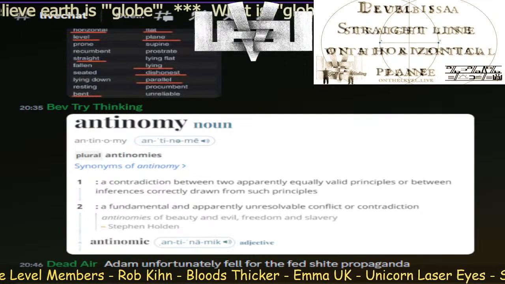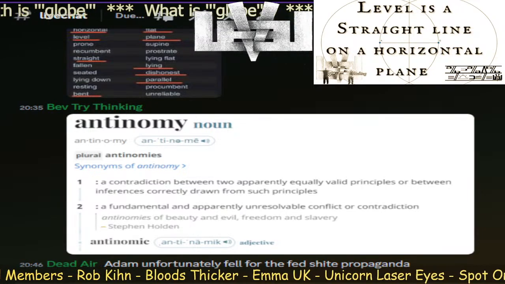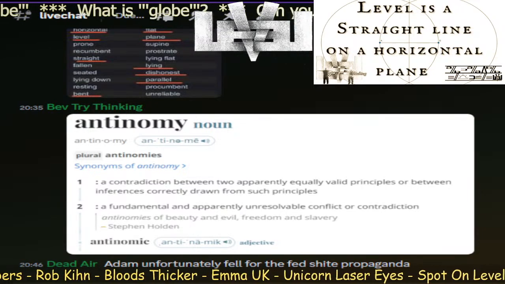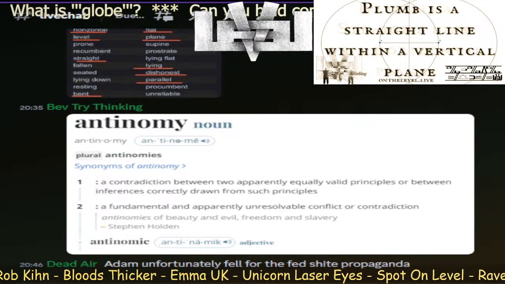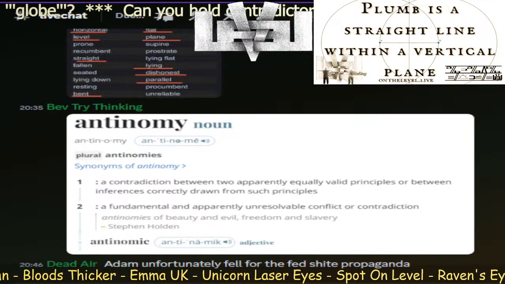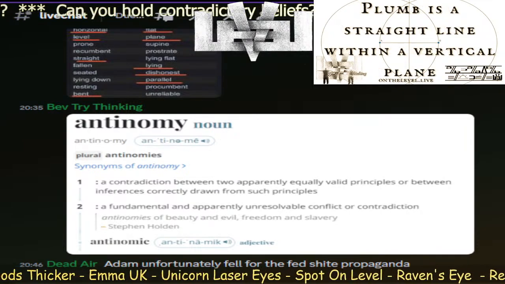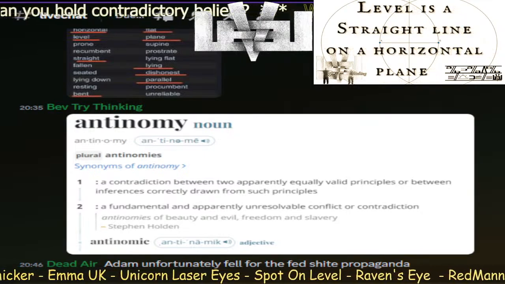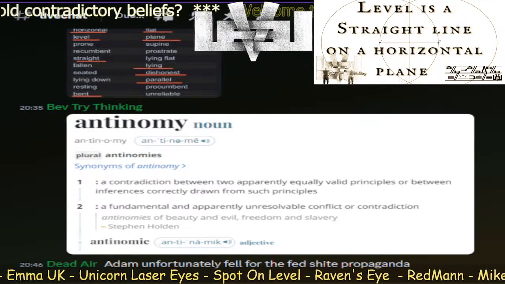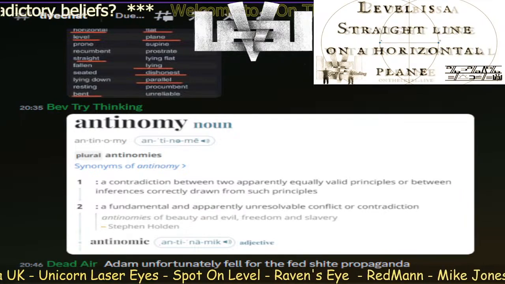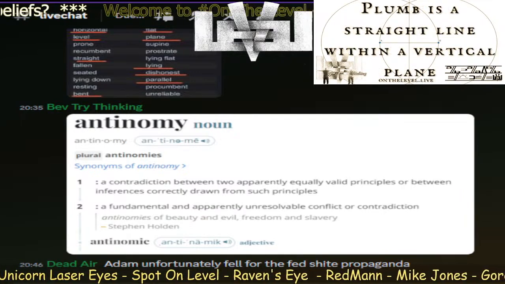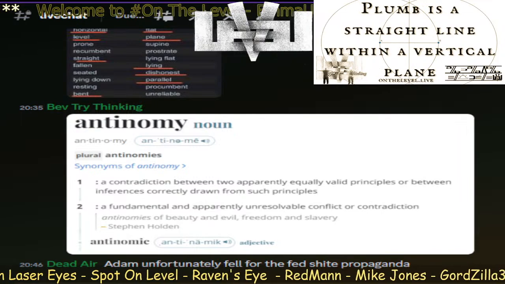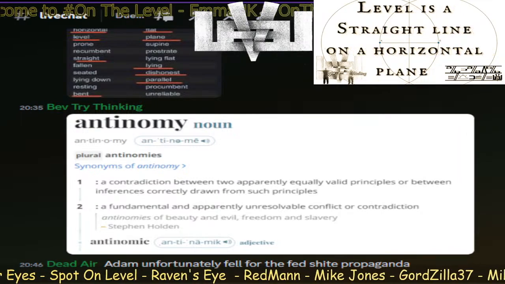Also, can we just pick up on that? So what does flat earther mean, right? If you say to someone, what do you think flat earther stands for, it's someone who thinks the earth is flat. That is your description of a flat earther. You can add in all the little other caveats, but that's not what it means.